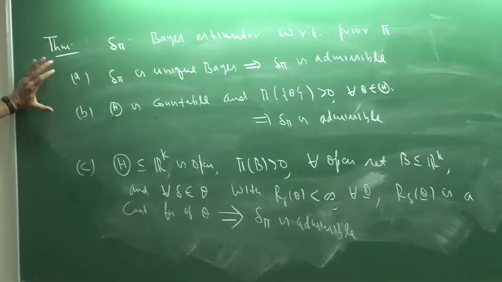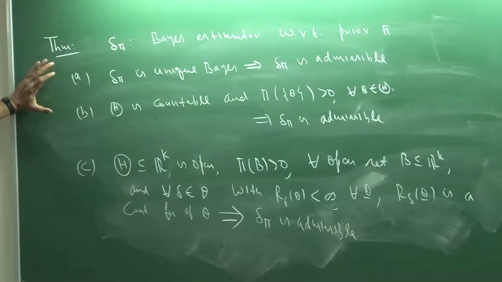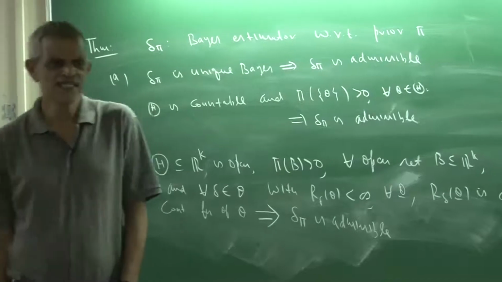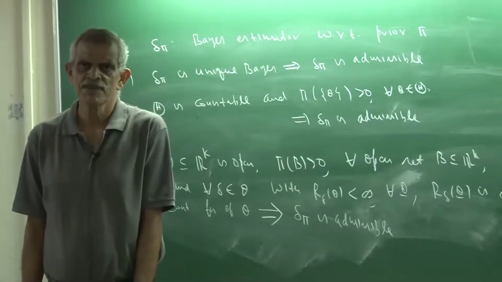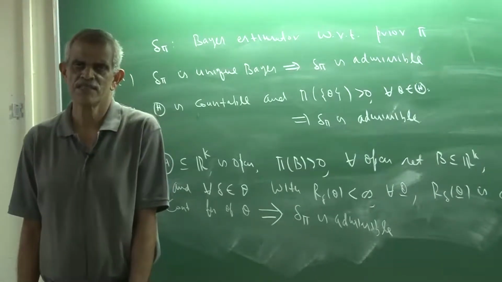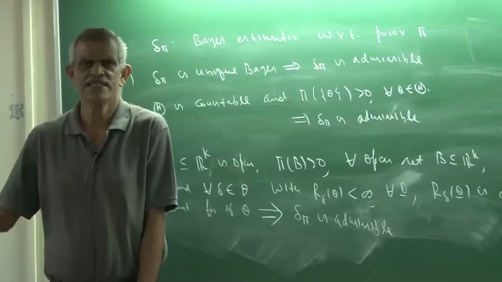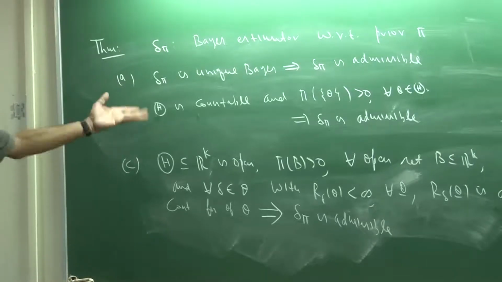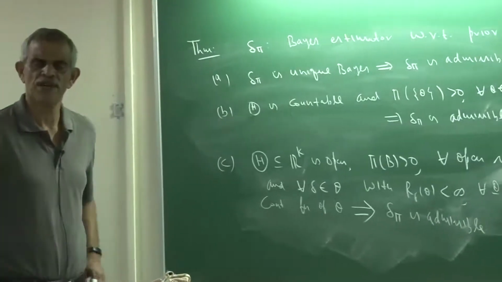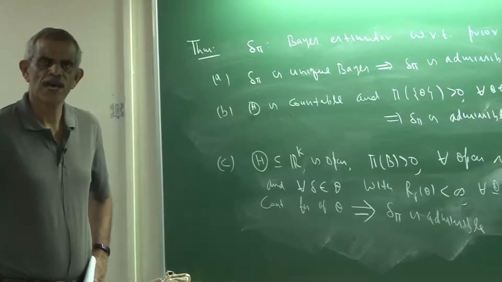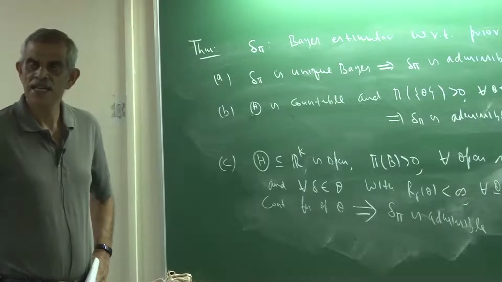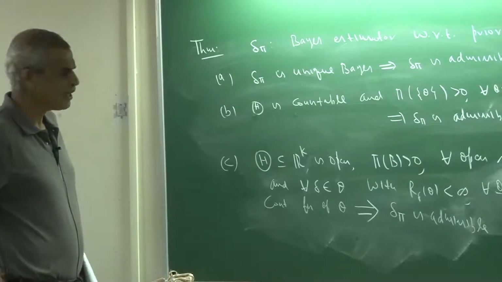So you see, application of all these three results is not that difficult. First is very obvious. If you see that your Bayes estimator is the unique Bayes estimator, you can directly say that it is admissible. Second thing is, if your theta is countable, that means your parametric space is countable, and your prior is such that it gives a positive weight to every point of theta, then also the Bayes estimator would be admissible.